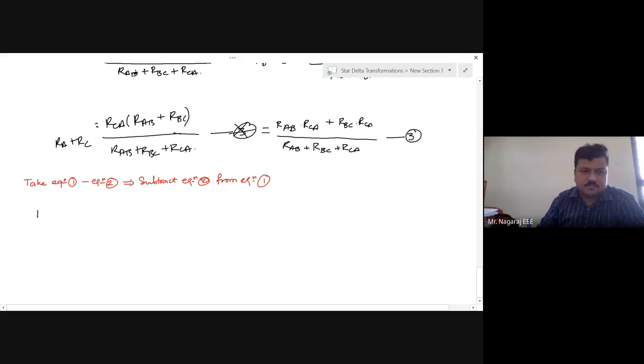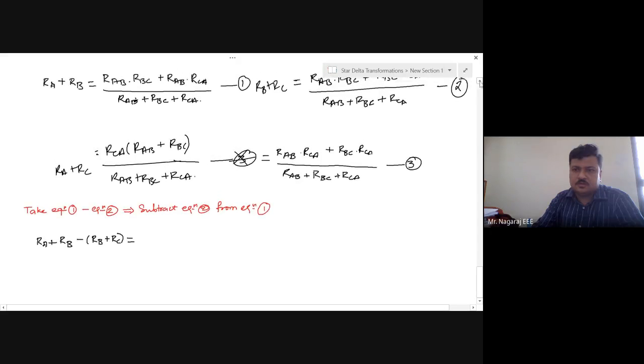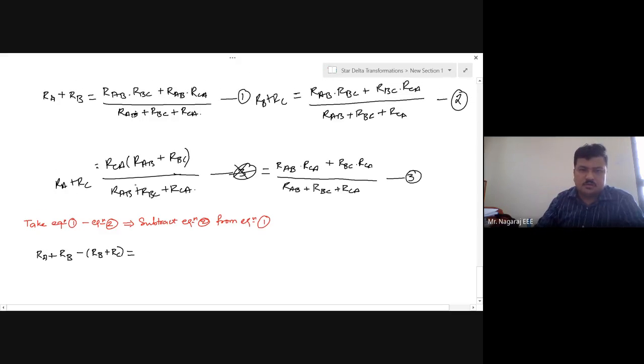Equation 1 is RA plus RB, minus equation 2, which is RB plus RC, equals RAB RBC plus RAB into RCA, divided by RAB plus RBC plus RCA.